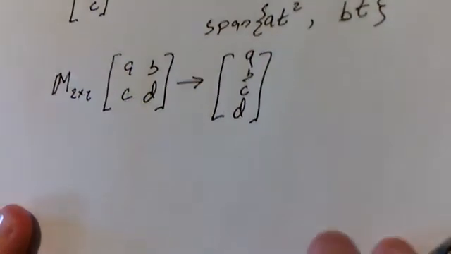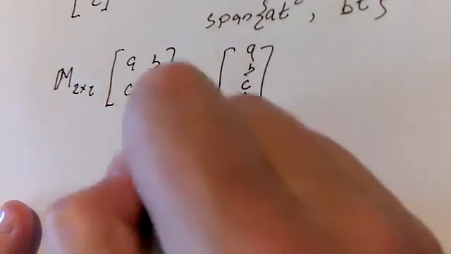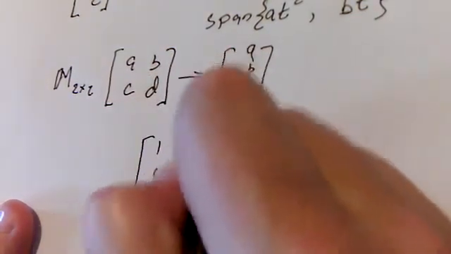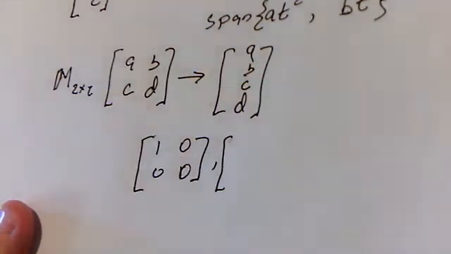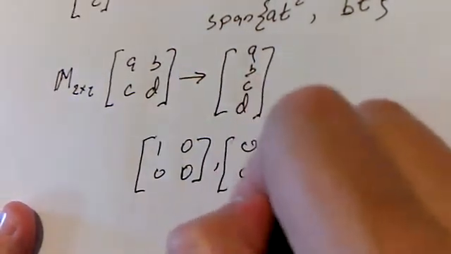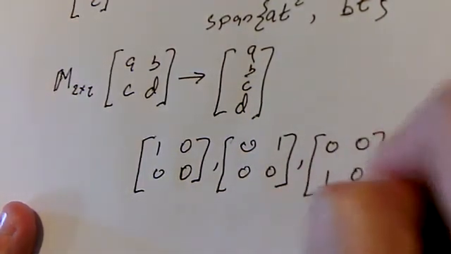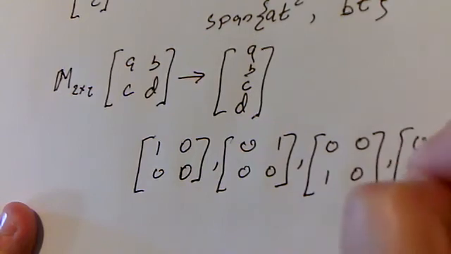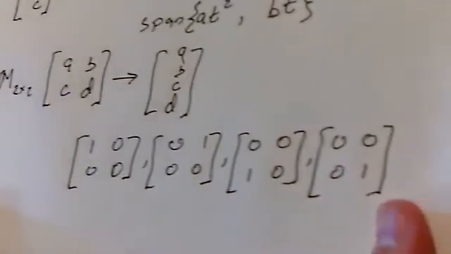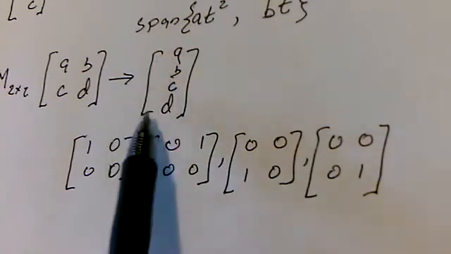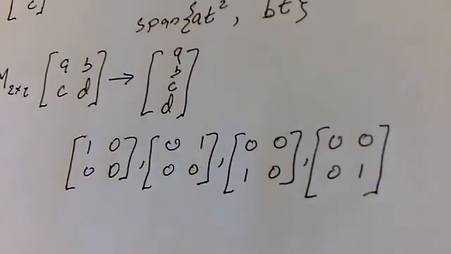So your basis vectors here would be 1, 0, 0, 0, that's 1 for A. 0, 1, 0, 0, that's 1 for B. 0, 0, 1, 0, that's 1 for C. And 0, 0, 0, 1, that's 1 for D. So we can turn these matrices into vectors and think of it as a vector space. So we have matrix spaces, we have vector spaces, we have polynomial spaces. Remember, Rn is not inside of Rm.